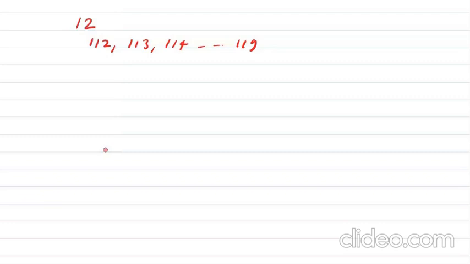Multiplying the first digit by whatever number is there. If it is 112, then you multiply by 2. If it is 113, then you multiply by 3, and so on. And if there are four digits number, then you add three zeros in the beginning, three zeros in the end, and then you process the same thing.